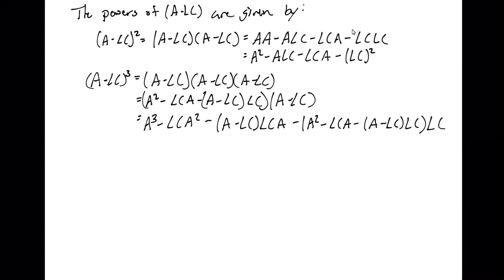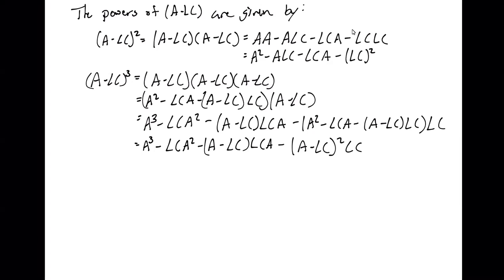All right, then we can combine like terms so that we get A cubed minus LCA squared minus A LC A minus A squared LC plus A LC squared times LC. Make that L and C actually distinct, LC.